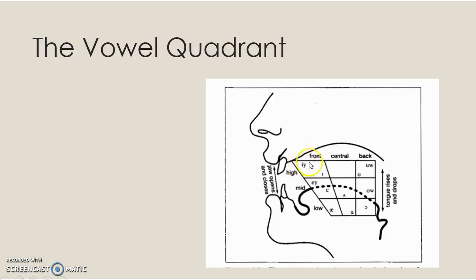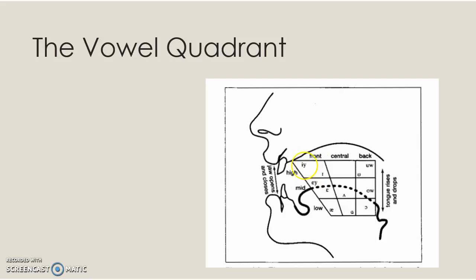The tense sound is going to be on top, and the lax vowel sound is going to be down. So in that way, we can distinguish the ones that go together. The only thing that the quadrant doesn't include is the diphthongs, which go, as the book mentioned, all the way up and down because of the sound that changes when you pronounce them.